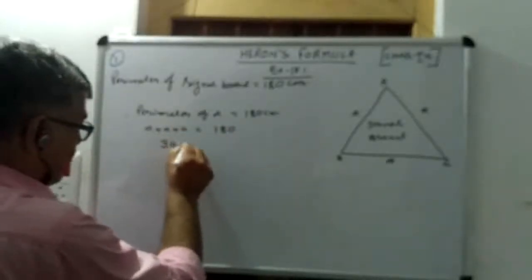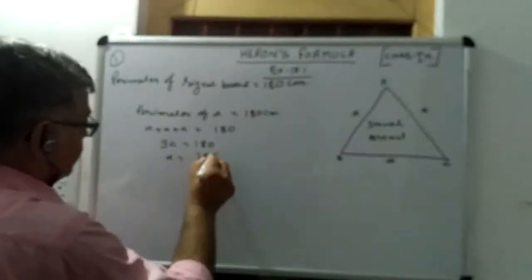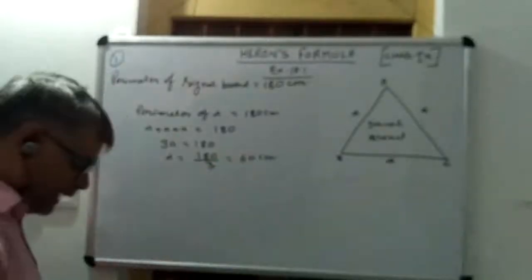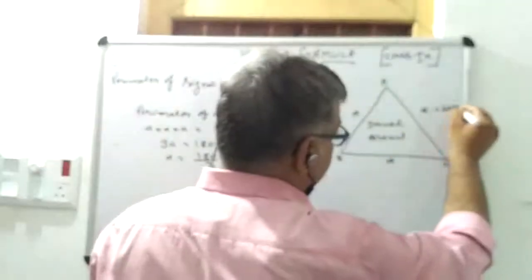So 3a = 180. So a = 180/3, that is 60 centimeters. It means all three sides are equal to 60 centimeters.